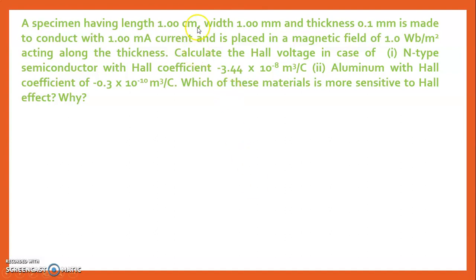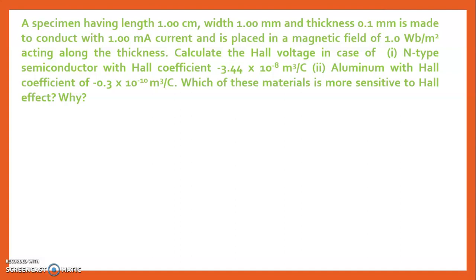I am repeating this again. The length is 1 centimeter, width is 1 mm, thickness is 0.1 mm, and along the length the current is passing, which is 1 milliampere. Then the magnetic field is 1 Weber per meter square. This unit, Weber per meter square, and Tesla are equivalent, so instead of Weber per meter square we can write Tesla also.